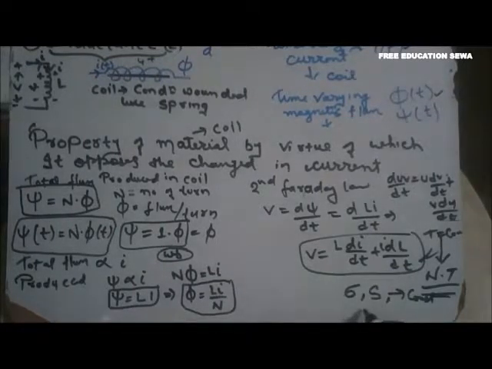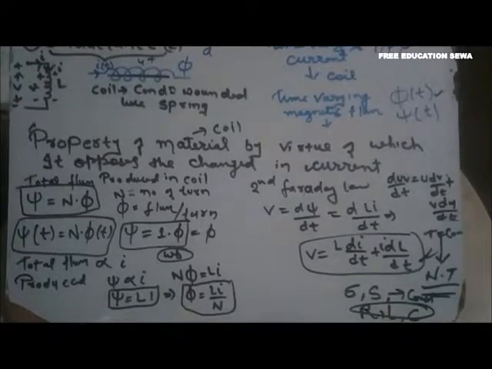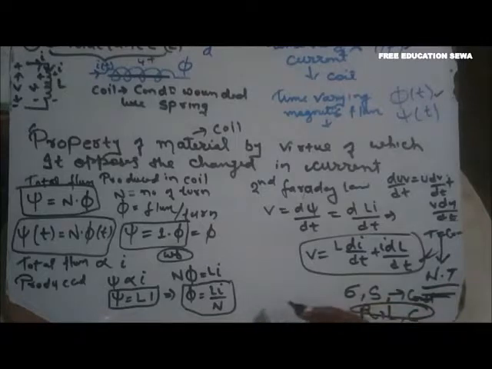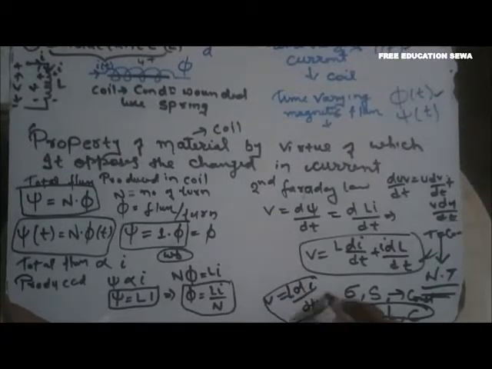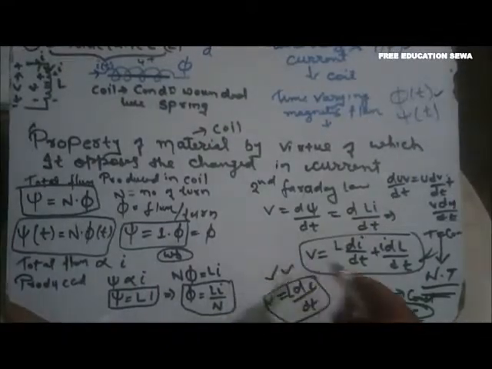That's why R, L, C are also constant, and the differentiation of a constant is 0. Therefore V equals L di/dt. This is our equation, valid when temperature is constant.